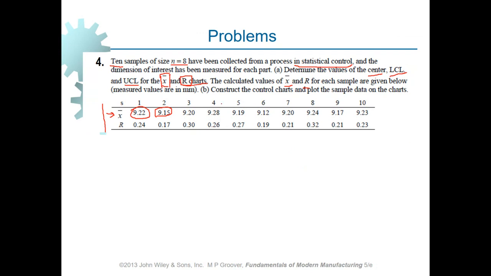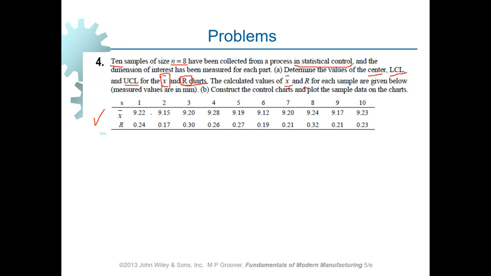Okay. And in part B, construct control charts and plot the sample data on the charts. In the first step, we needed to compute the values of X bar and R, and this is already done in this problem. So step 1 is already done. In the second step, we've got to compute the grand mean, or X double bar.